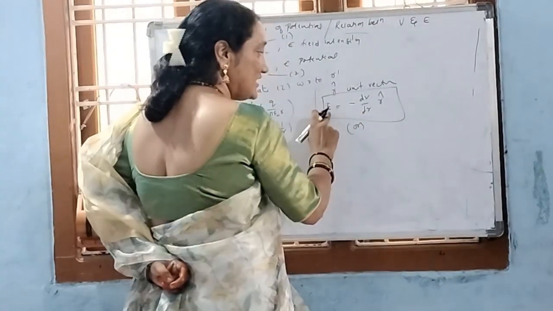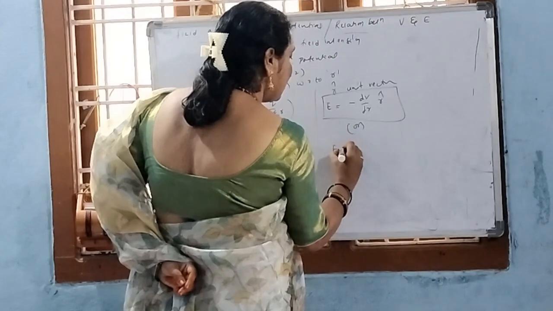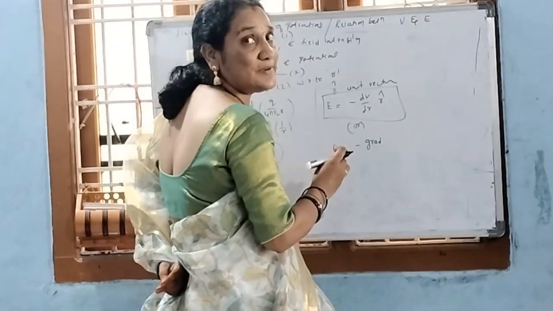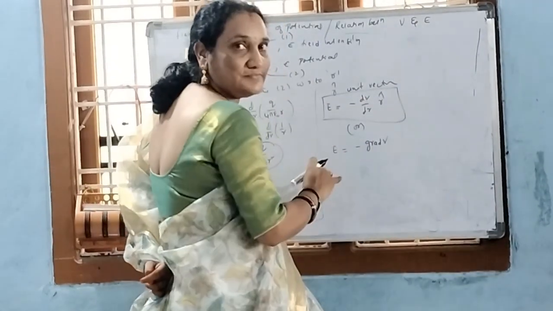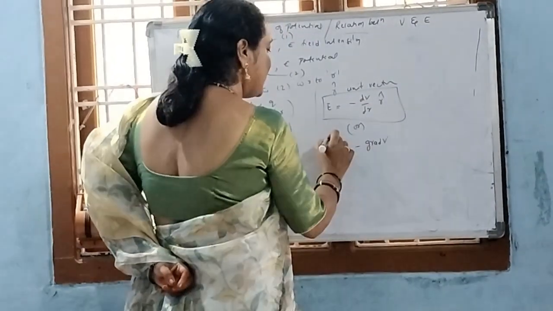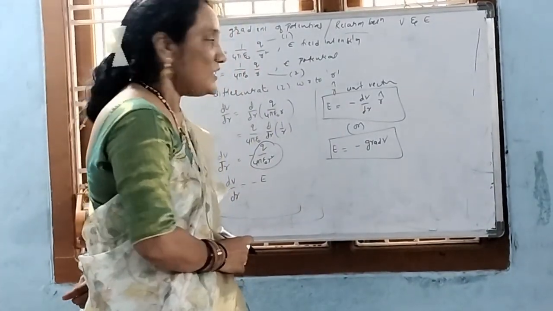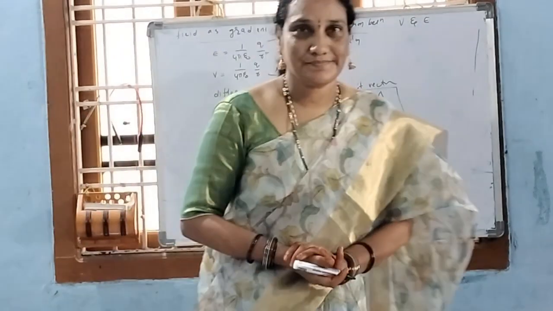We write this as the relationship between electric field and electric potential, or as E equals minus grad V. So this is the field as gradient of potential.